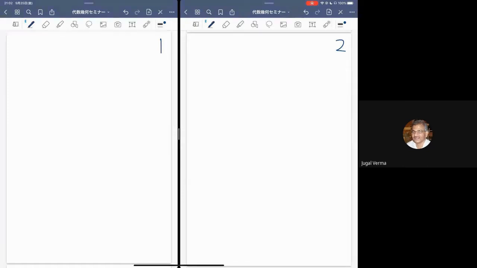Let me start with this ring R. This is a quotient ring of a polynomial ring over C by f_1, ..., f_r, and let me take a localization. I assume this ring is Q-Gorenstein and normal.